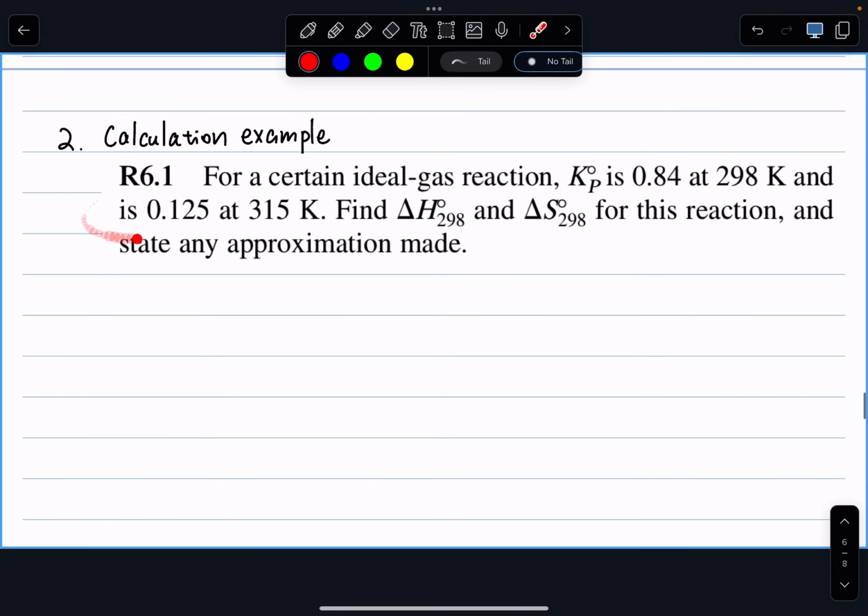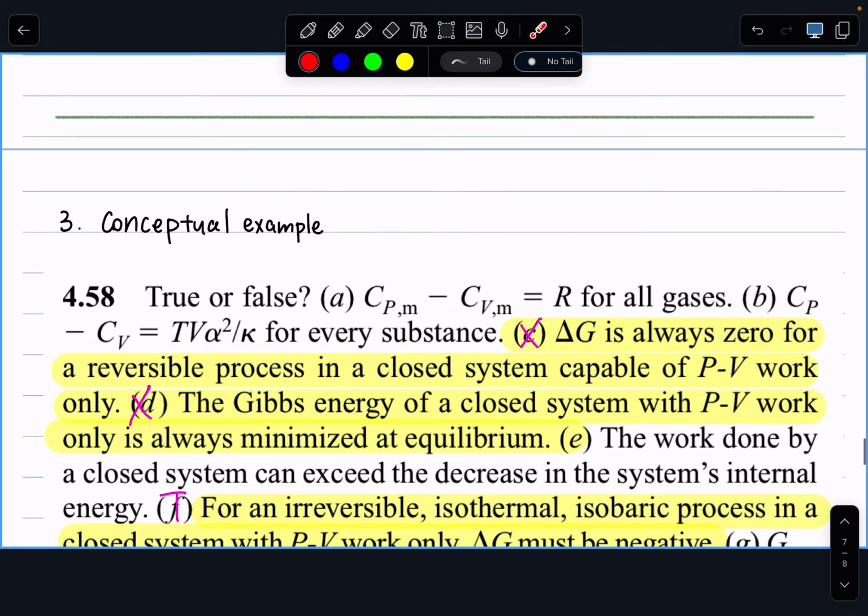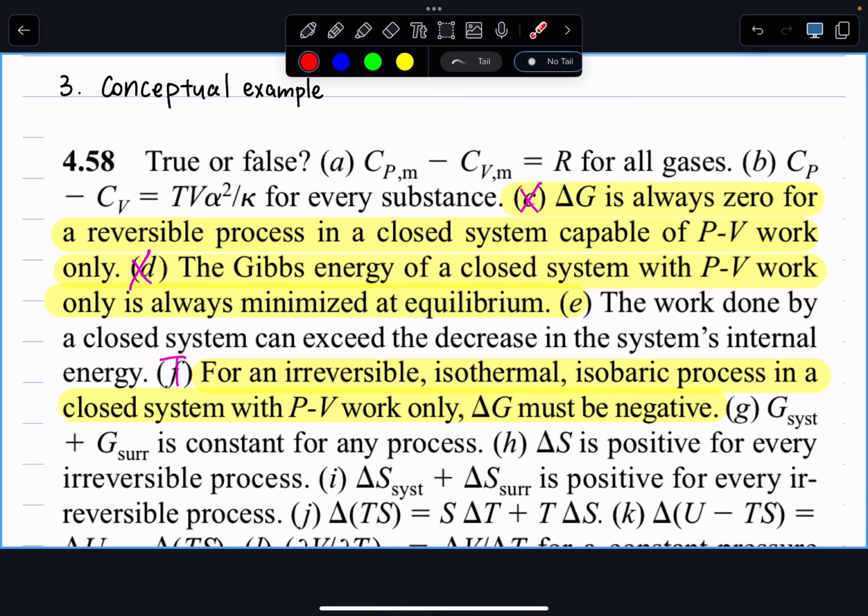And we have a calculation example. This one is more related to our chapter 6, right? So when temperature is changing, how do we calculate your equilibrium constant at a different temperature? And at the end, we have our conceptual example, which is the true and false problems that we did.